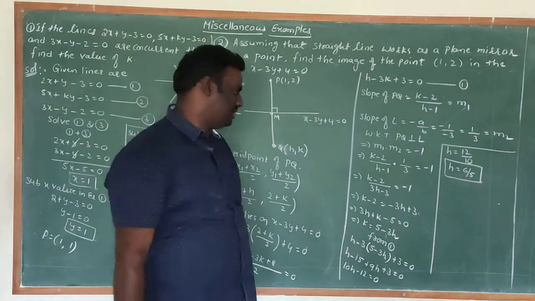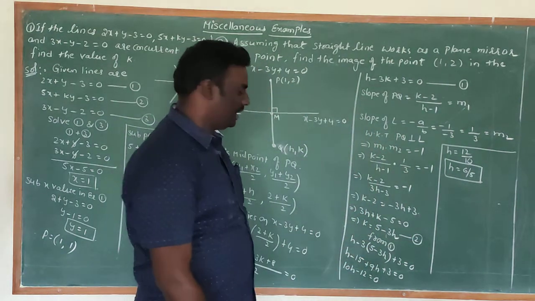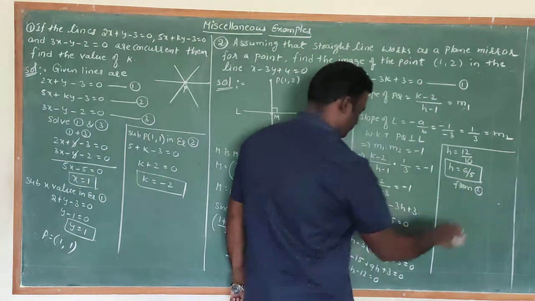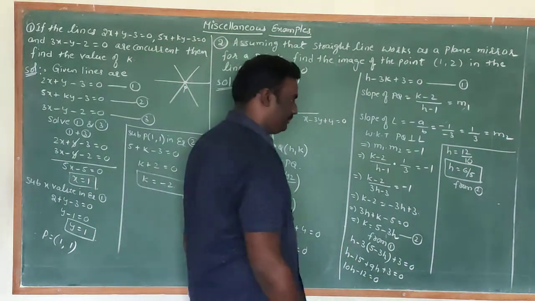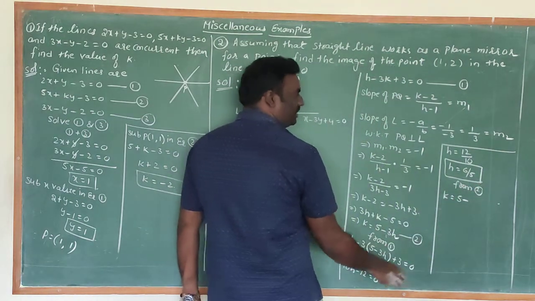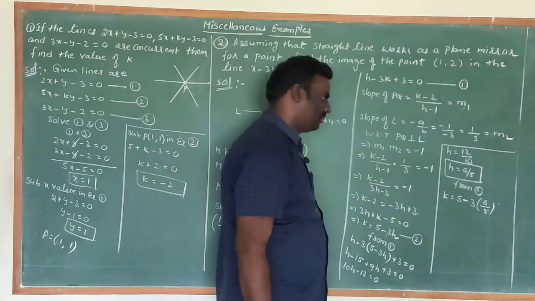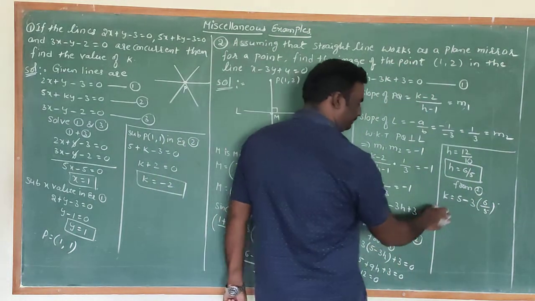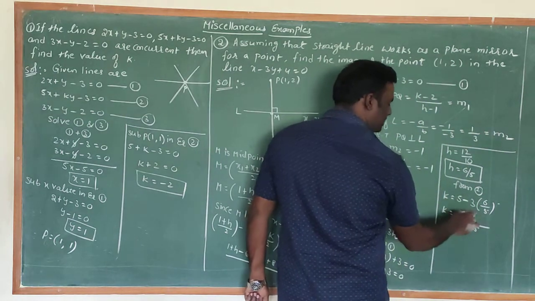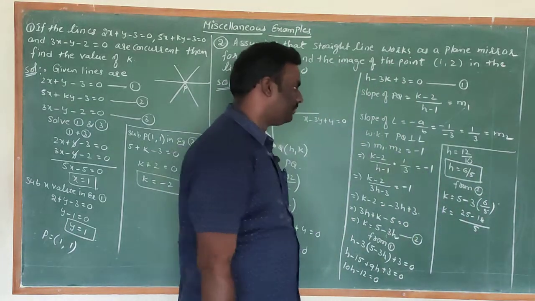Substitute this h value in equation 2. Okay, from equation 2, k equals to 5 minus 3h. Now take the LCM. 5 is LCM. 5 fives are 25, 3 sixes are 18.